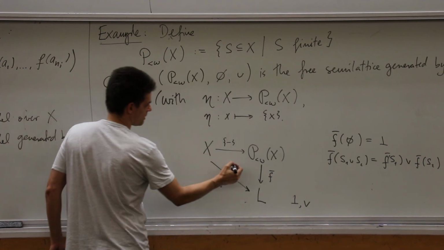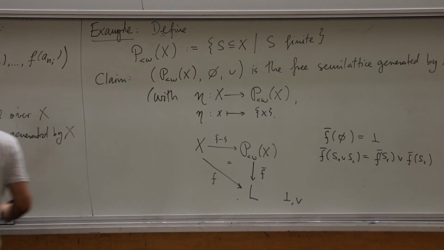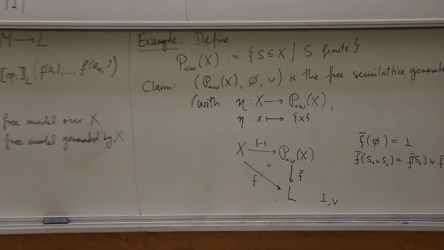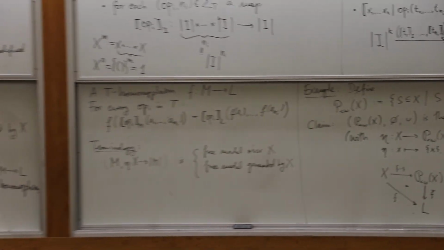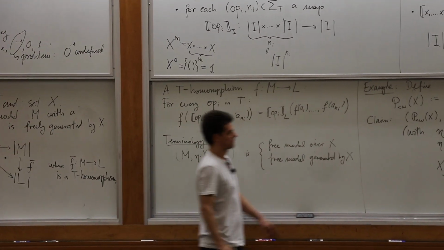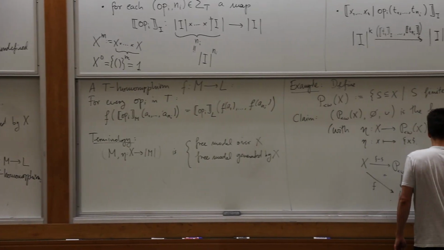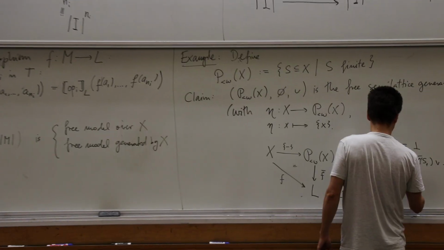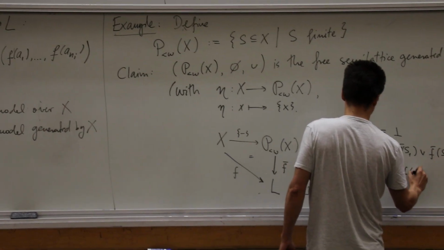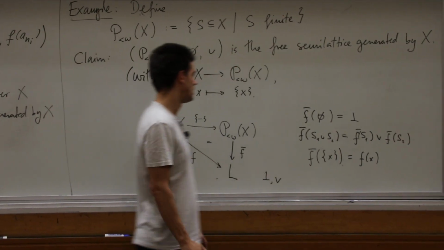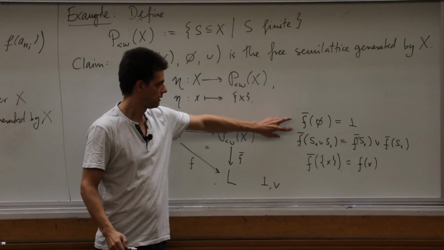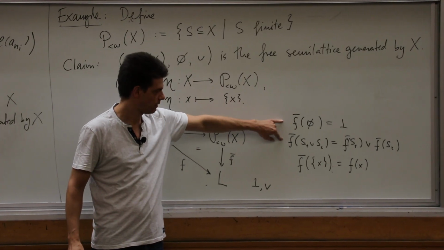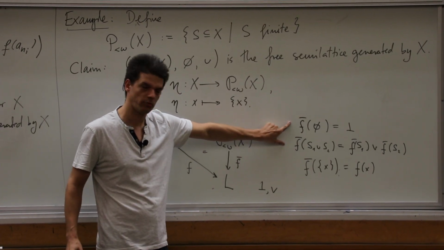But what does it mean that this triangle commutes? I never said commute. It means this composition equals that composition. So this one says that F bar of singleton little x equals F of x. So the first and the second conditions say that F bar preserves the operations.